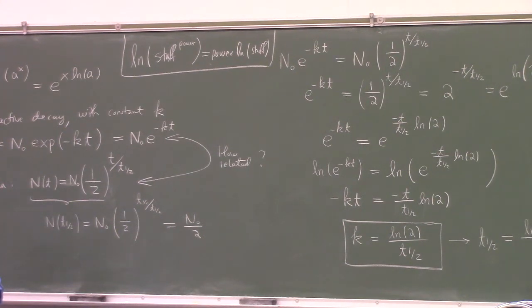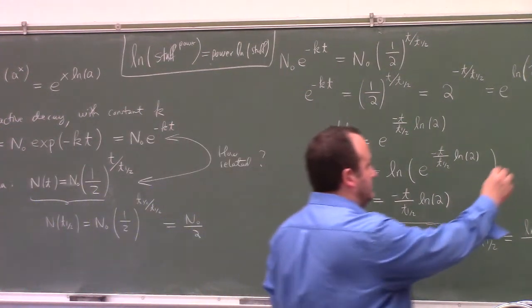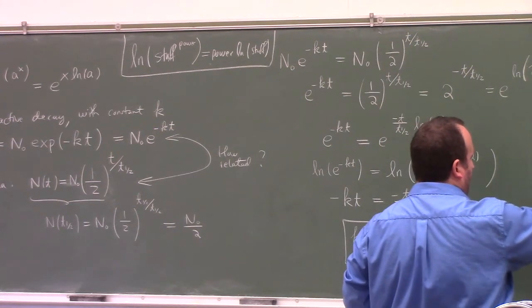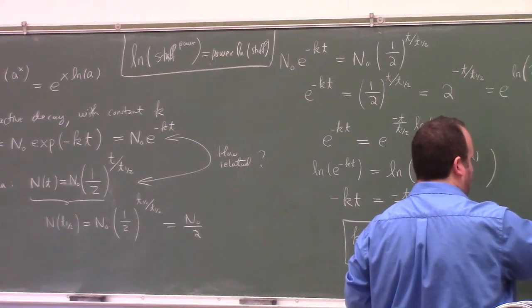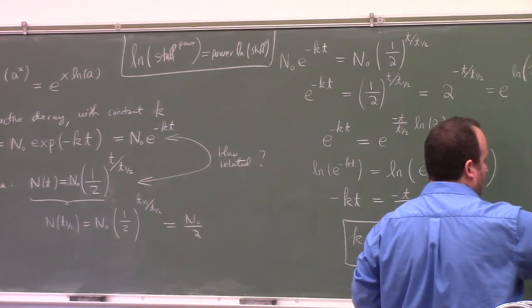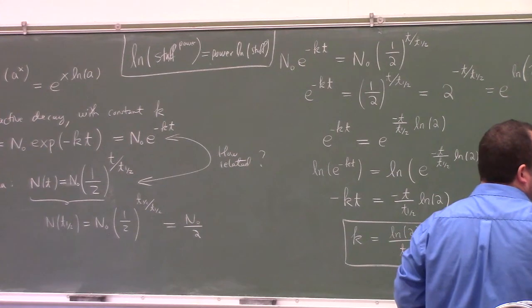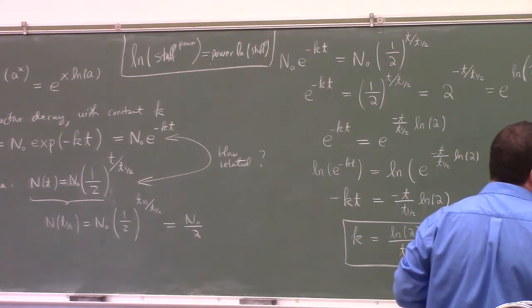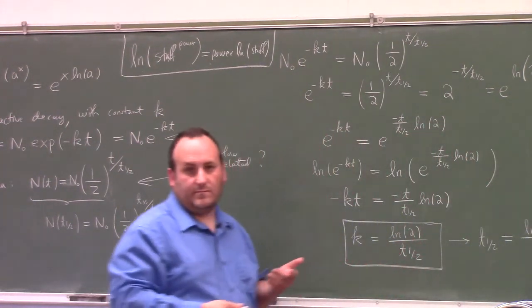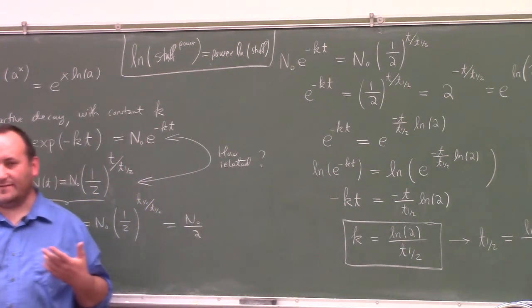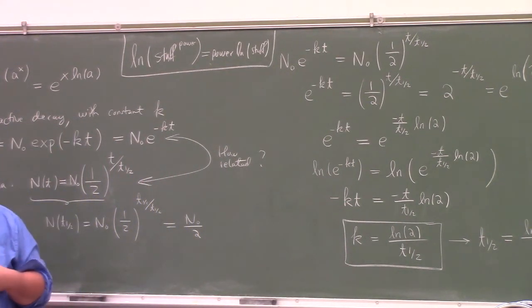Natural log of 2 divided by 10, which is about 0.069. Well, the units depend on the problem statement, right? If you're given a decay rate, it has to be in terms of some unit of time. It might be in terms of years, might be in terms of seconds. It depends, right?